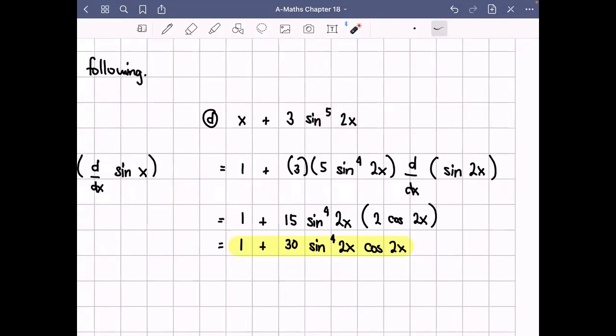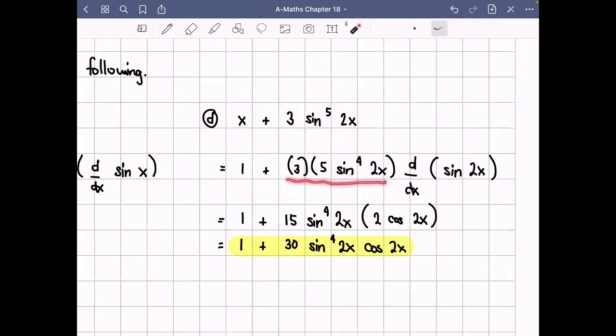So the derivative of each term here: when you derive x, it becomes 1. All right, I think everyone knows that. Then plus, bring down 3, then 5 will be multiplied in front of the identity, therefore you have 15 here. Okay, and then what happens to 5? 5 minus 1 becomes 4. And then just bring down sine of 2x. Okay, that's it for this part.